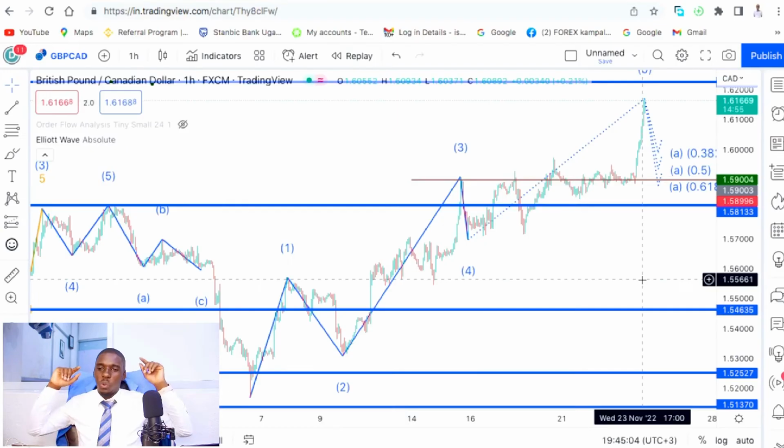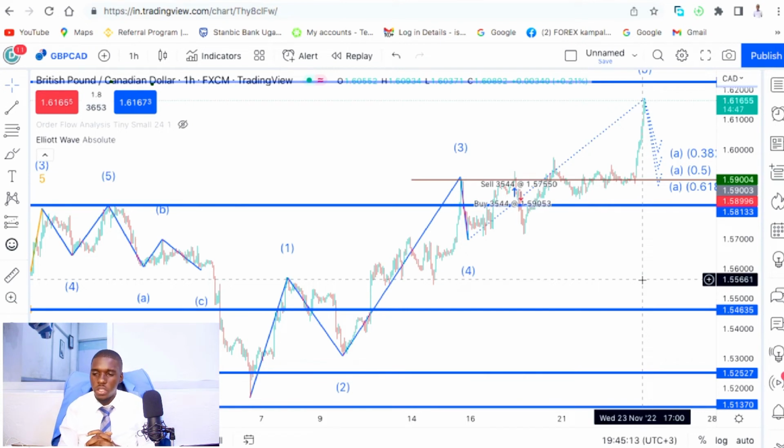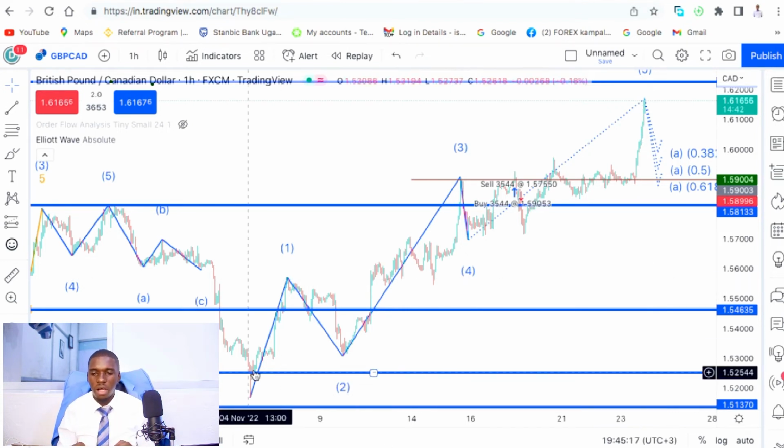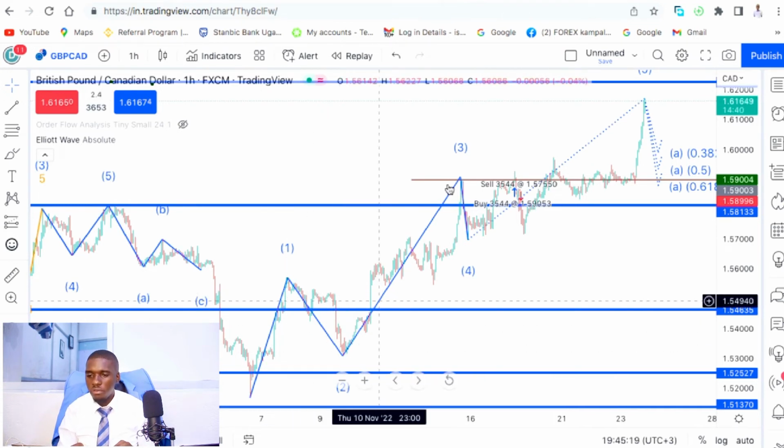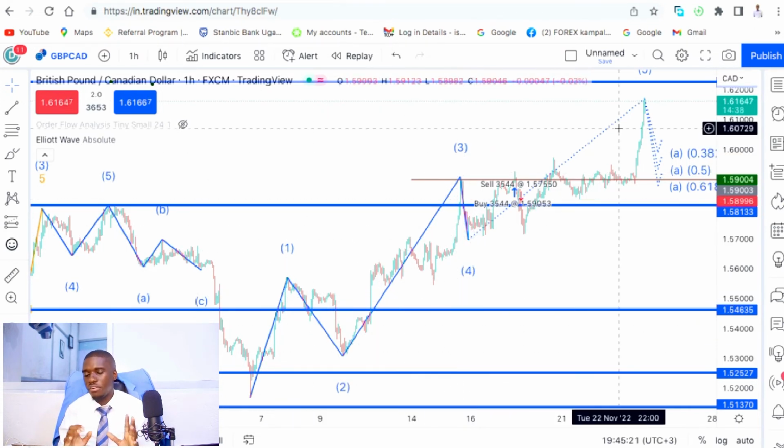See you there. So as we meet on our chart, like I've promised, it's GBP Canadian dollar, just the way you can see it. We have our wave 1, wave 2, wave 3, wave 4, and wave 5.